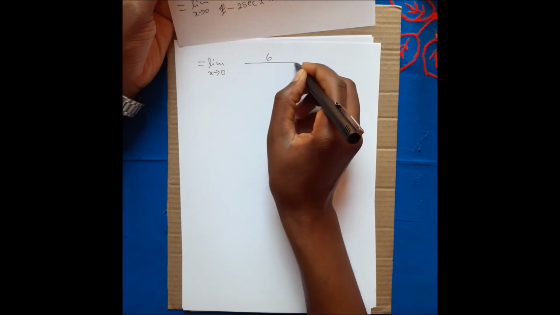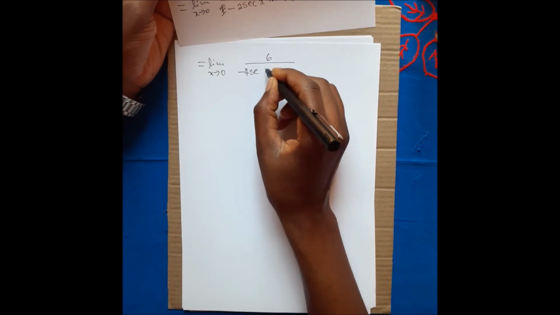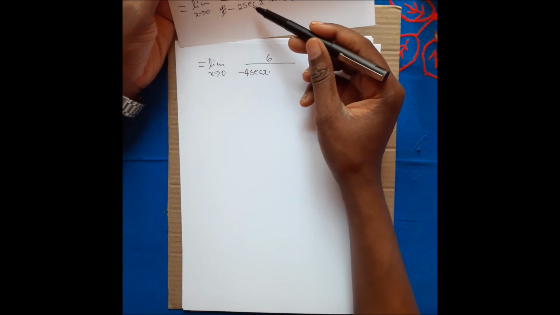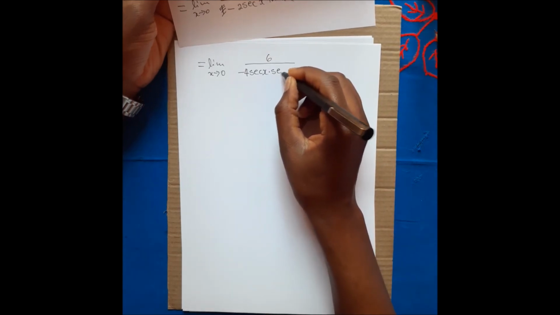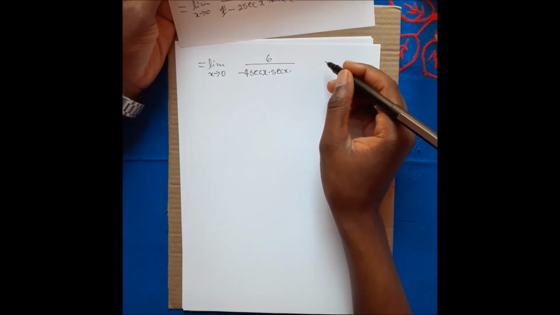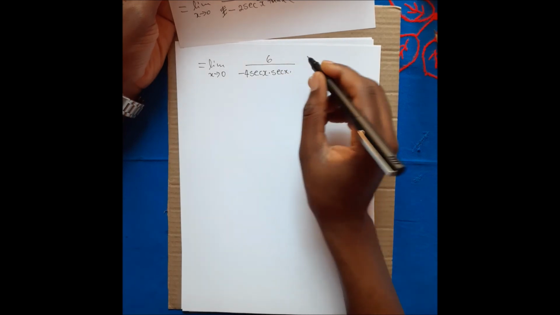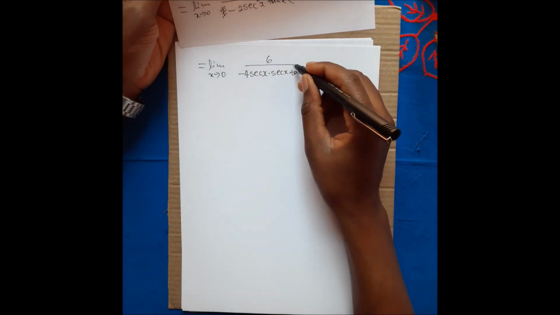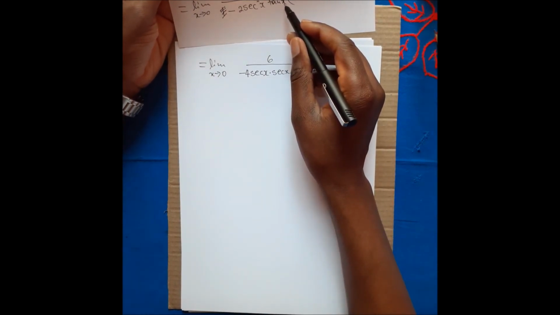Then we have 6 over, then we differentiate the denominator, we get minus 4 sec x times the derivative of sec x, which is sec x tan x, times tan x, minus the derivative now of tan x, which is sec squared x.